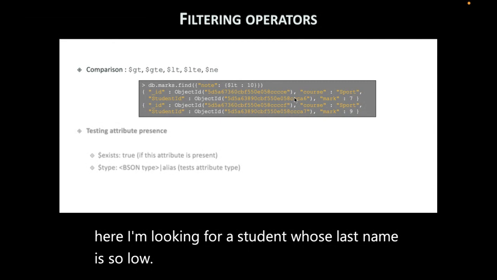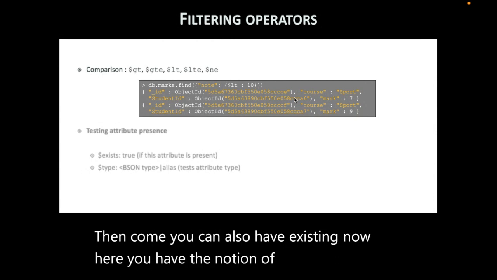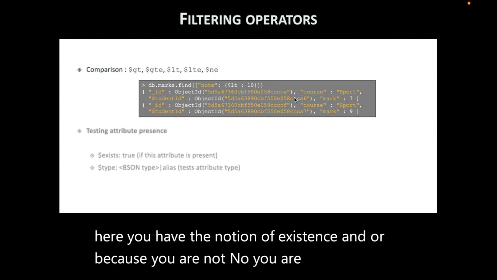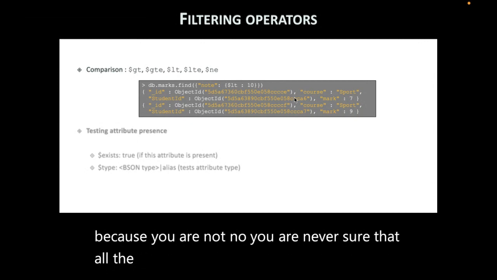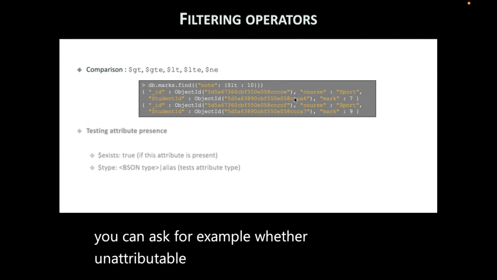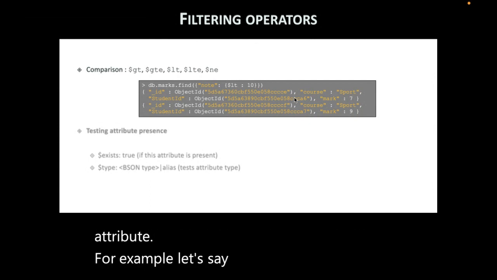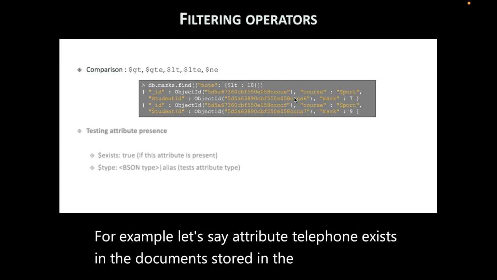Then you can also have existence. Here you have the notion of existence, because you are never sure that all the documents have the same structure. So you can ask, for example, whether an attribute, let's say attribute telephone, exists in the documents stored in the collection, okay?